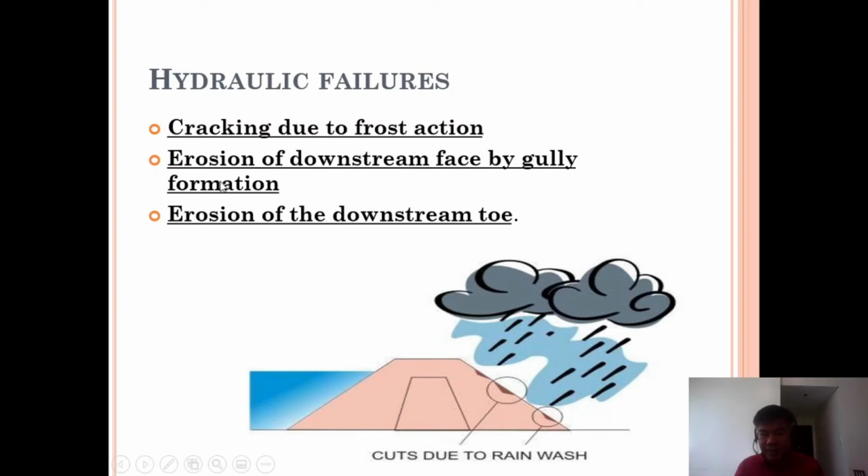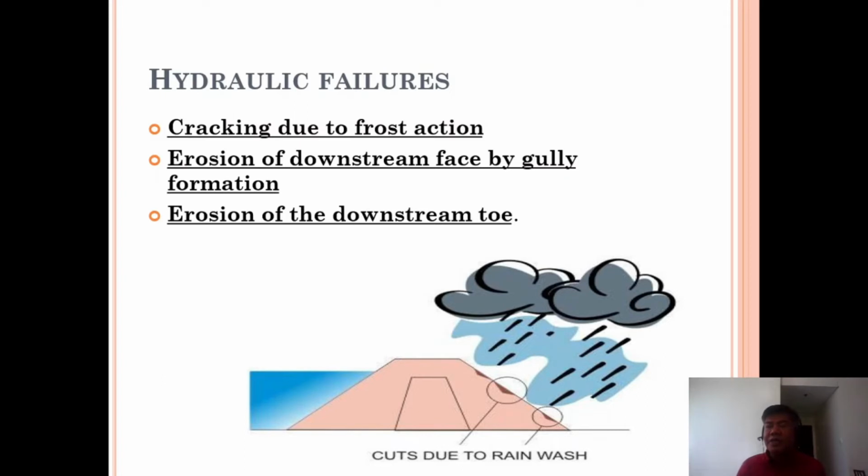Let's move to the next one, gully formation. This is due to the effect of rain. That's why I mentioned earlier that you have to protect both the upstream and the downstream side in terms of slope protection. In some areas I've seen, they had just constructed small earth dams for their farmlands.